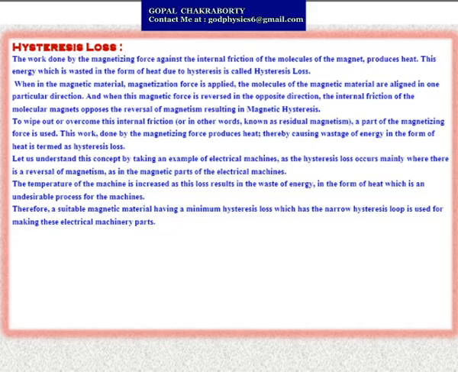To overcome this internal friction, a part of the magnetizing force is used. This work done by the magnetizing force produces heat, thereby wasting energy in the form of heat, and is termed hysteresis loss.